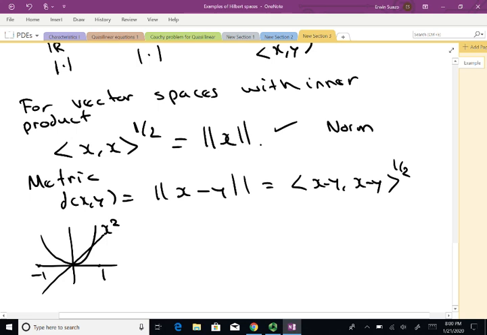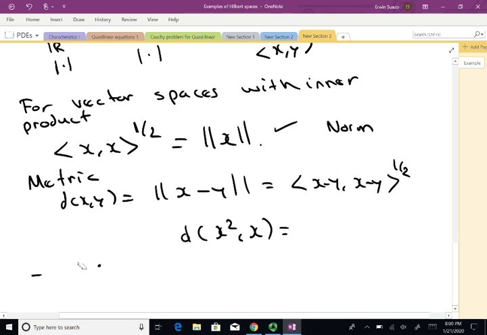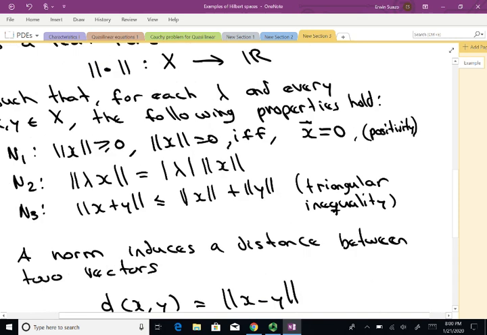You can find the distance between x squared and x. Weird, right? Because they are touching each other, but you can define a distance, depending on what space you are in. The idea is to get two functions and define the distance between them.